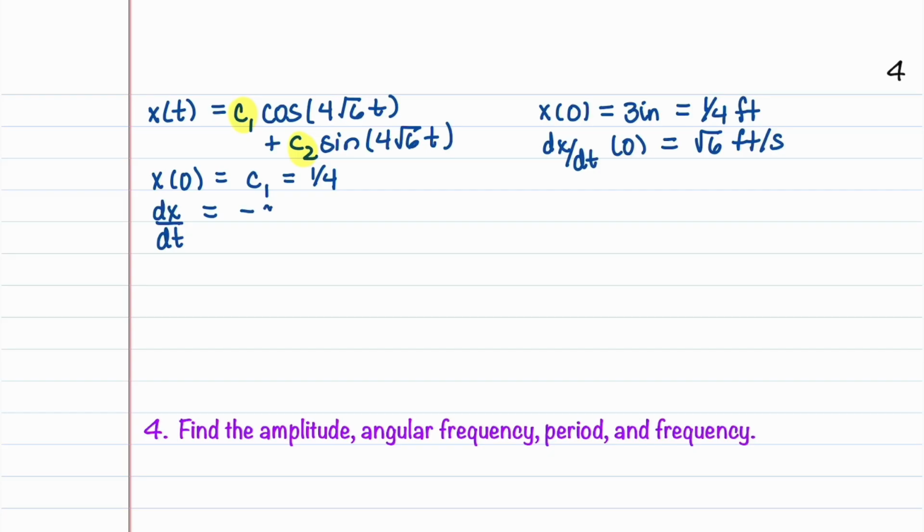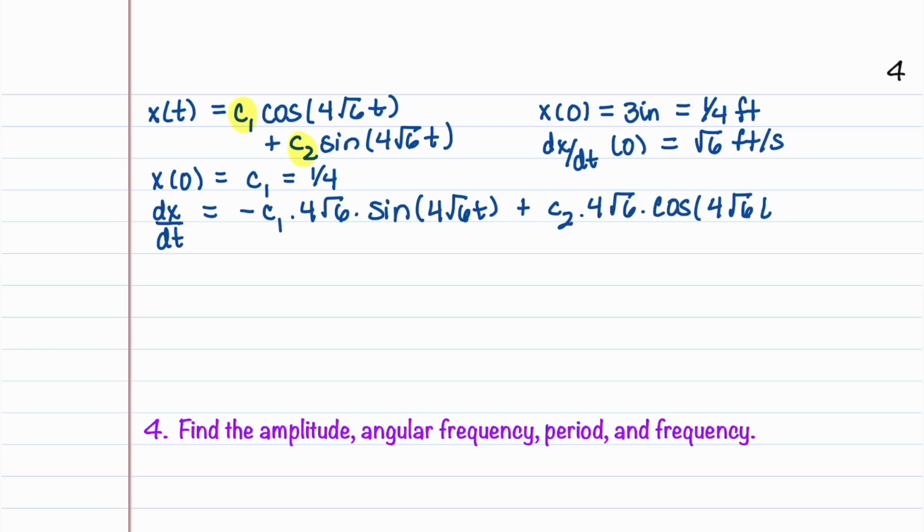This gives us minus c1 times 4 root 6, that comes from the chain rule, times sine 4 root 6t, plus c2 times another 4 root 6 times cosine 4 root 6t. Now we can plug in that t is equal to 0.